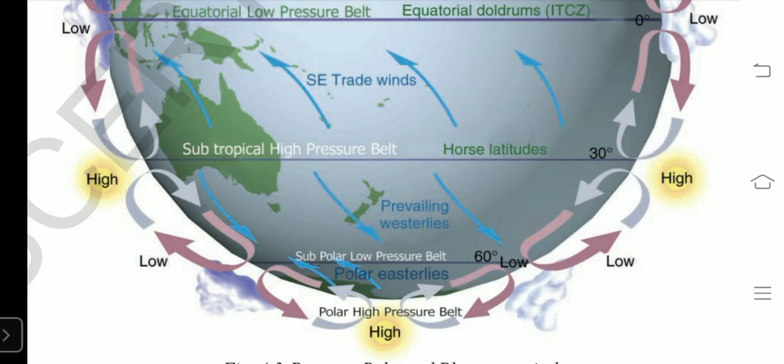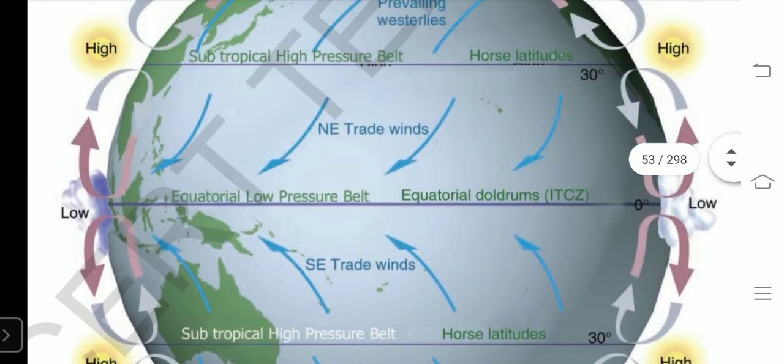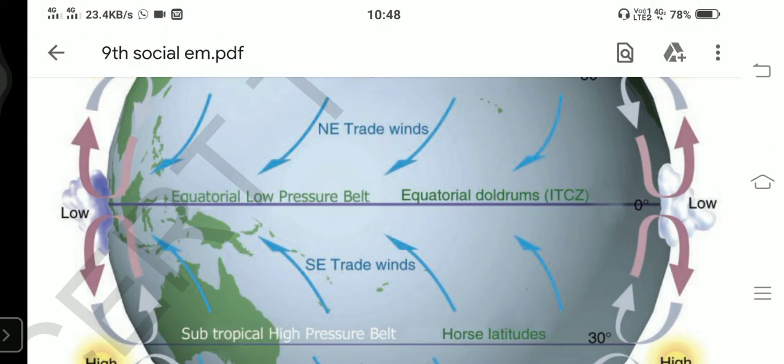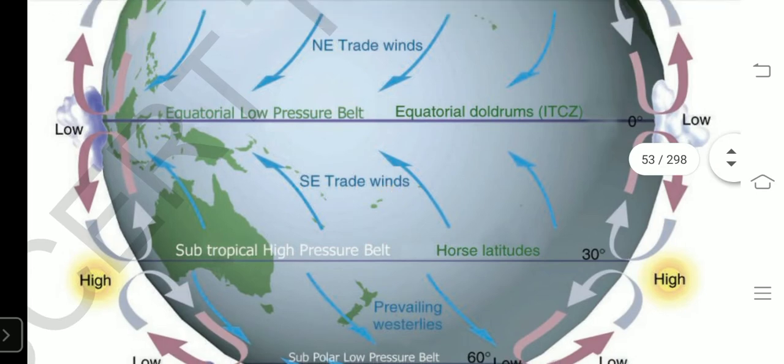Hot local winds raise the temperature of a place, my dear students. For example, in a place the temperature is there. When hot wind blows from another area to that particular area, the temperature will increase. So hot local winds raise the temperature. Vice versa, cold local winds will bring down the temperature, right?